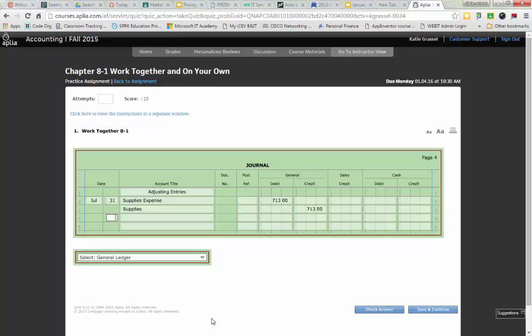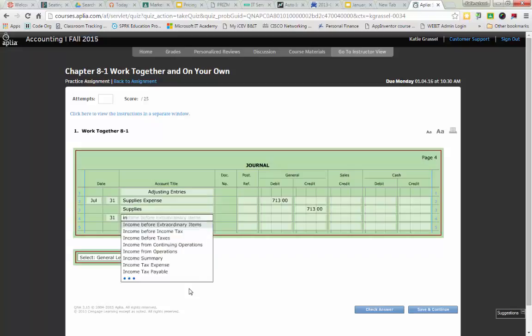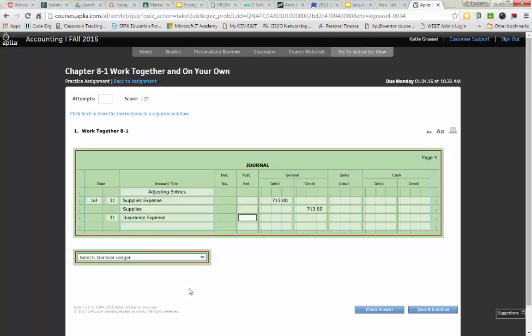Now we have to journalize B. Each adjusting entry, like your A's and your B's, has to have the date. So I need to put the date again because this is our matching debits and credits. What account is going to be debited? Insurance expense. For how much? $300. What's being credited?